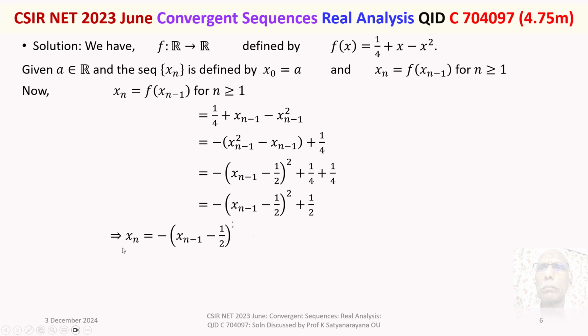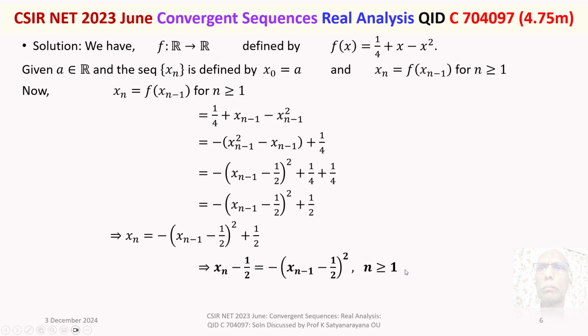This implies xn is equal to minus xn minus 1 minus 1 by 2 whole square plus 1 by 2. So sending this 1 by 2 to the left hand side, we write xn minus 1 by 2 is equal to minus xn minus 1 minus 1 by 2 whole square for n greater than or equal to 1.